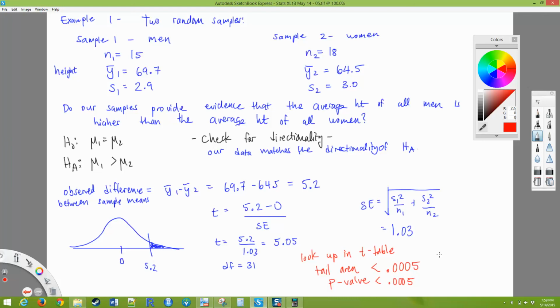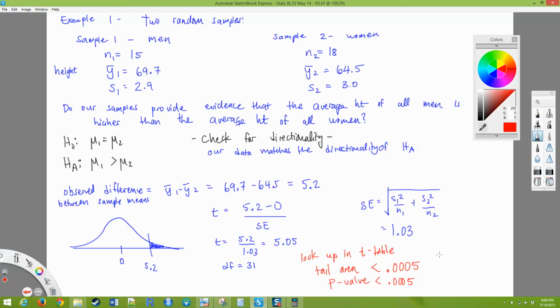Yeah, if we assume that in our world men and women have the same average height, is it possible for a random sample of 15 men and a random sample of 18 women to have a difference in the sample heights of 5.2 inches? Is that possible? The answer is yes. Technically it's possible, because with random sampling almost anything is technically possible. But is it likely? No, it's incredibly unlikely. The p-value being less than 0.0005 says that's how unlikely it is.